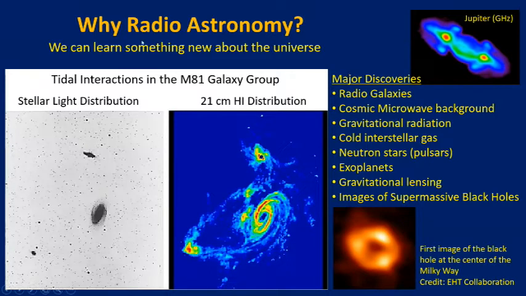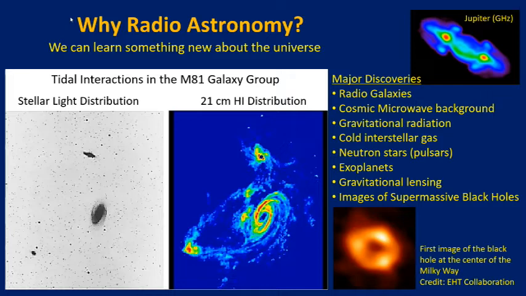So of course, why do we do radio astronomy? Why do we do astronomy in general? Of course, we're interested in learning about the universe, and radio astronomy is just a different way of doing that. One of the pictures I like to show here is the optical view of the M81 galaxy group on the left, and then the 21 centimeter atomic hydrogen radio distribution map on the right-hand side.